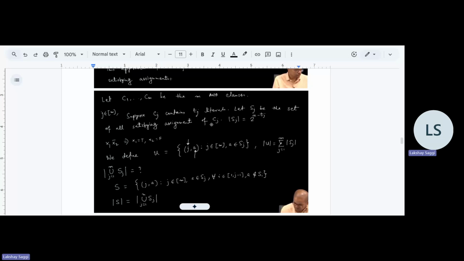So these Tj literals have to take specific values, but all other input variables can take any value for the clause Cj to evaluate to true. That's why the size of the set Sj is just 2 to the n minus Tj.